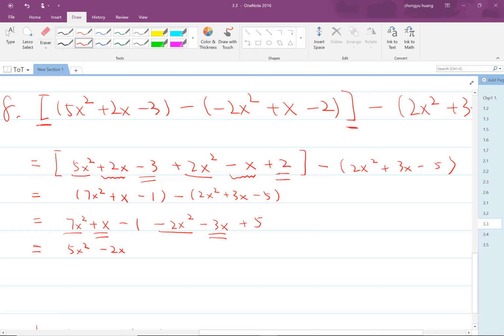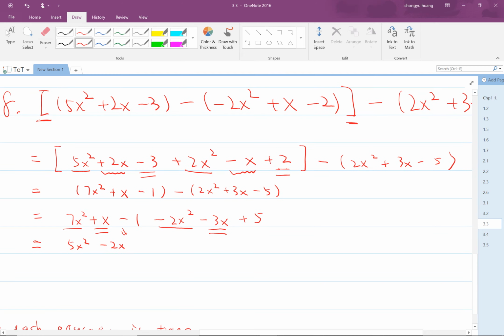And then finally we got a negative 1 plus 5, so it is equal to 4.